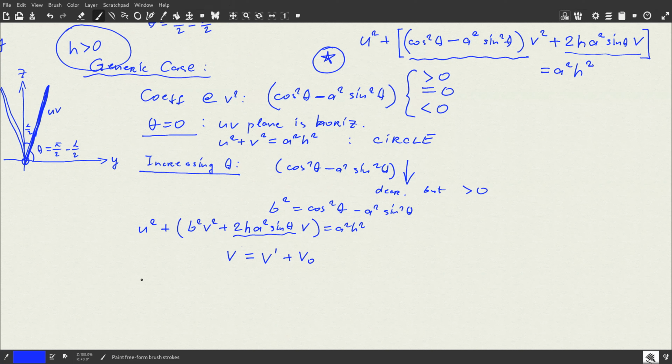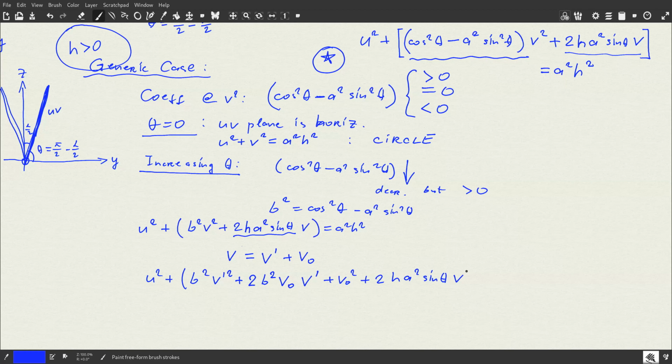And in this case, u squared plus b squared v prime squared plus 2 times b squared v0 v prime plus b squared v0 squared plus 2 times h a squared sine theta v prime plus 2 times h a squared sine theta v0, which is a constant, equals a squared h squared.